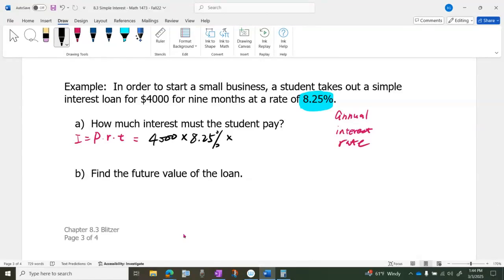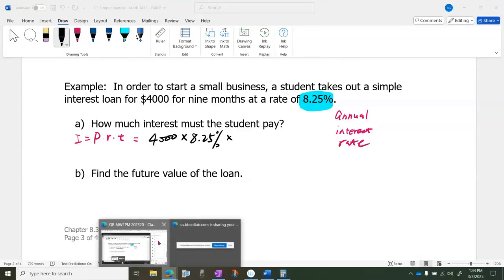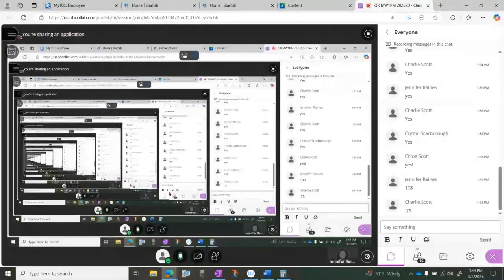Well, the student did not keep the money for 1 year. If it's 1 year, we multiply by 1. T equals 1, right? It's not 9 years, it's 9 months, less than a year. Then what's the value of T? You prorate. Yes, exactly. 3/4. Awesome.